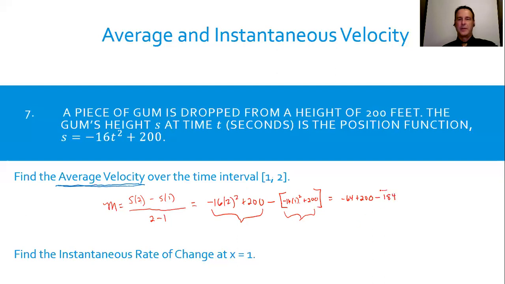Okay, that's what would be in these brackets. All right, and so if you do this math here, let's see, negative 64 plus 200 is 136, and that would be positive, minus 184. And so let's see, let's just subtract this real quick over here.